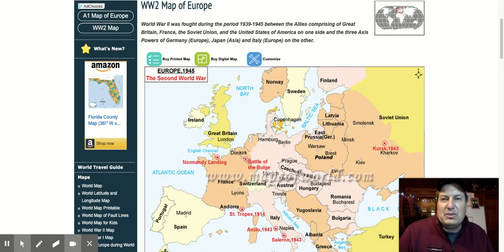This is a World War II map, Europe, 1945, Second World War, and you can see all the countries that Nazi Germany overran. And some battles, Normandy landing. So those of you who are really into history, you can find a map that suits your needs and what you want to learn about as well.